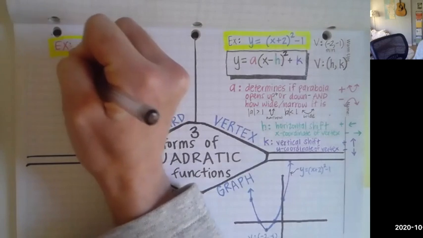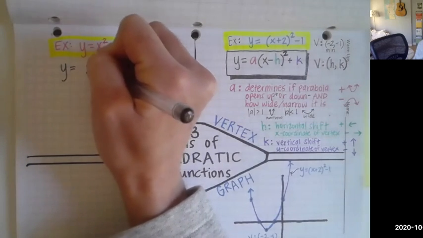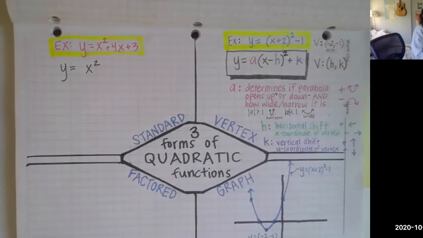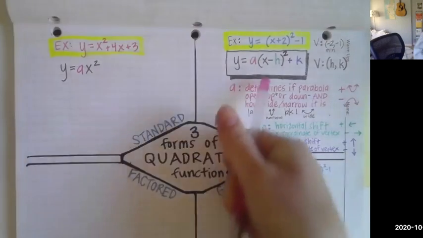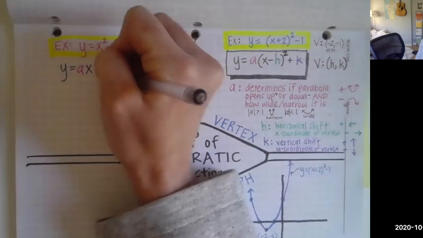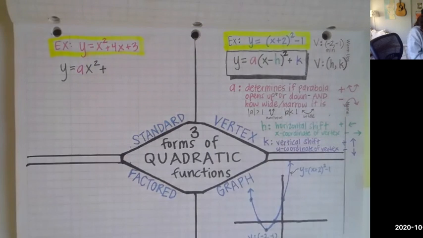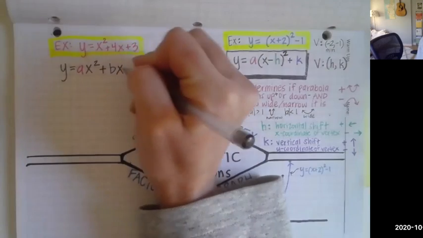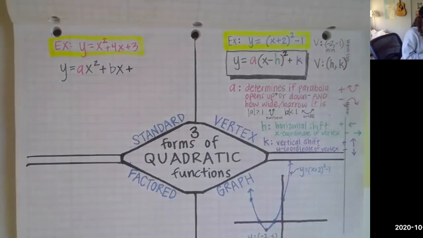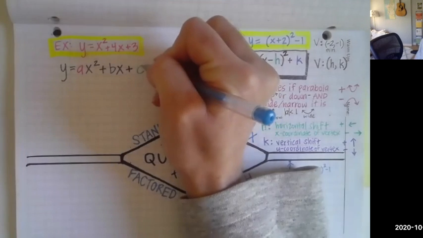General standard form, y equals ax squared. And you're already familiar with this a variable. We already wrote it down in our vertex form. Plus bx. Plus c.